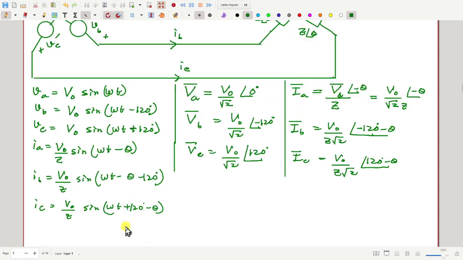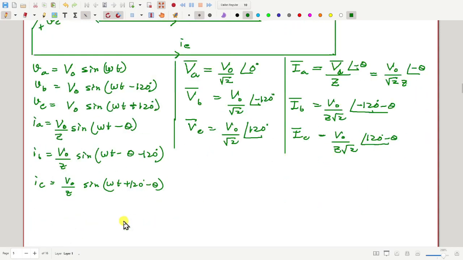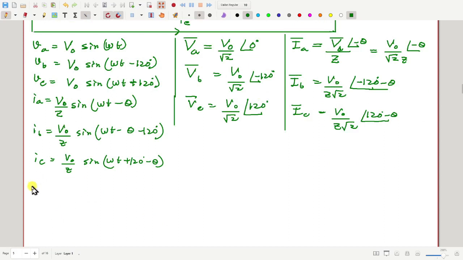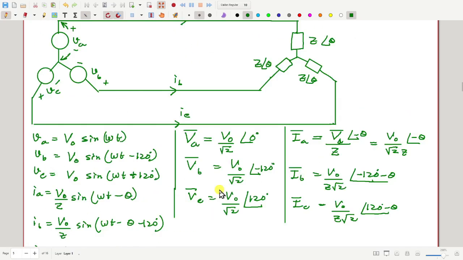Now tell me how much is the total load power, total active load power, I mean actual average power. Consider one load at a time.